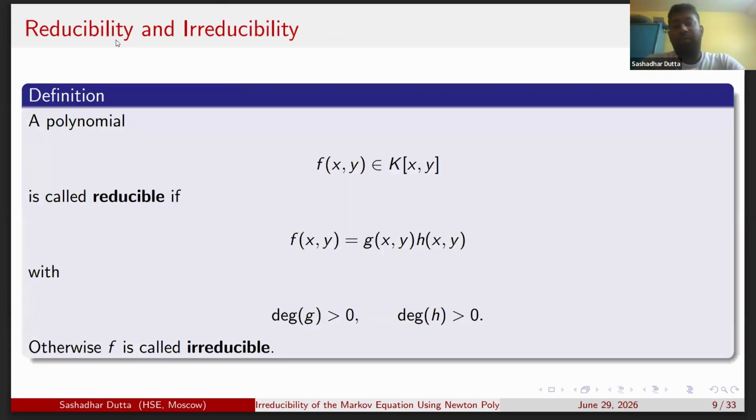So now another basic definition: what is the meaning of reducibility and irreducibility. I'm choosing any polynomial f.